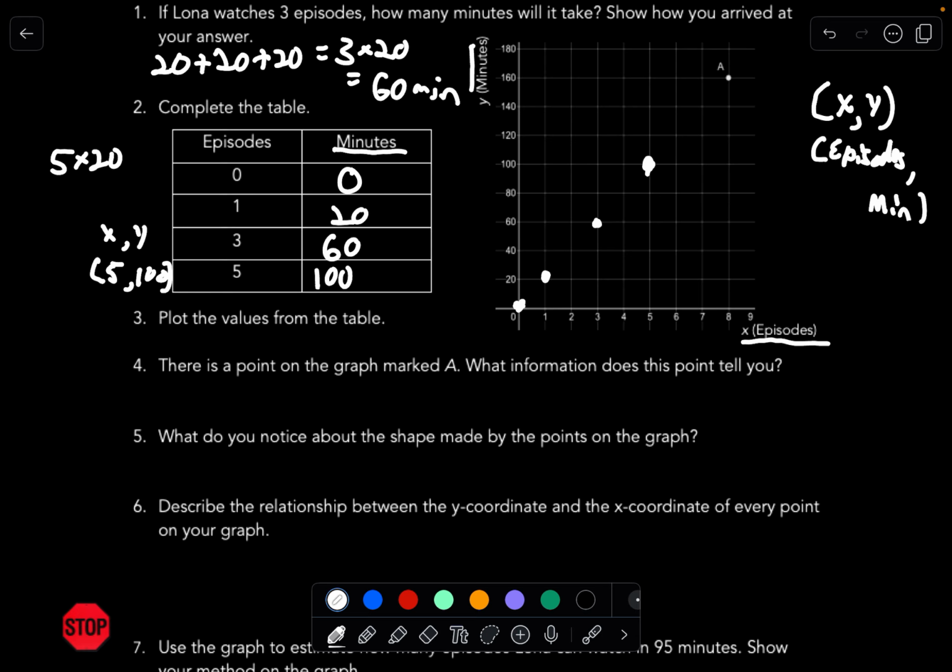Okay, so the next question. There is a point on the graph marked A. What information does this point tell you? Well, remember, this point A up here is the ordered pair 8, 160.